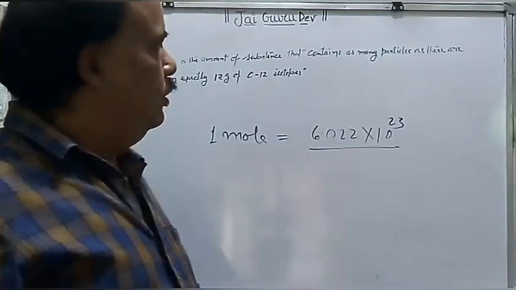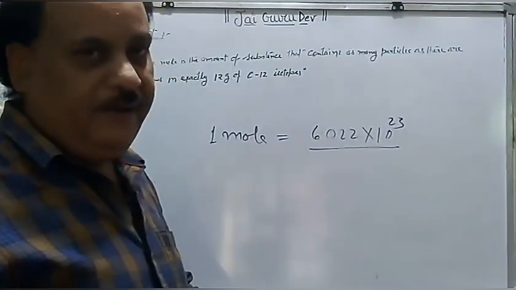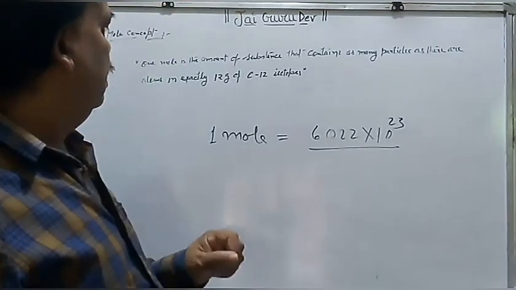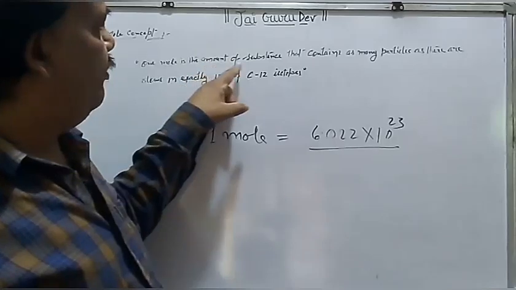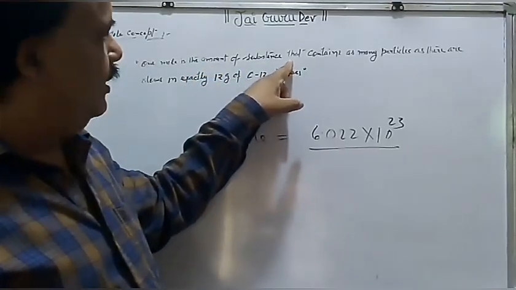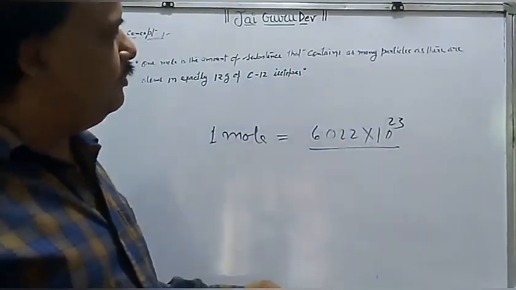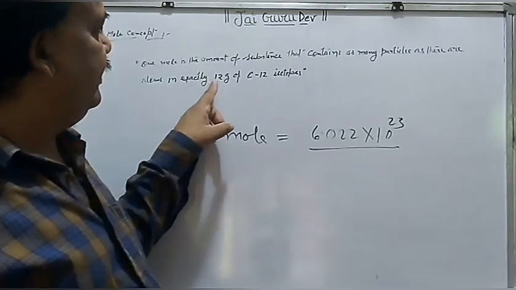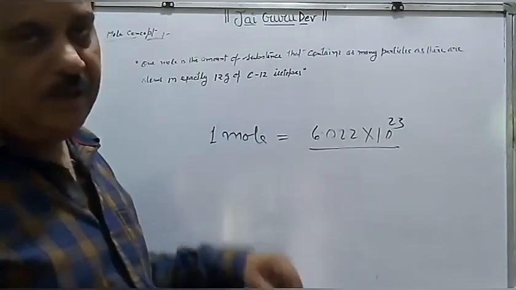So we can define mole. One mole is the amount of substance that contains as many particles as there are atoms in exactly 12 gram of C12 isotope.